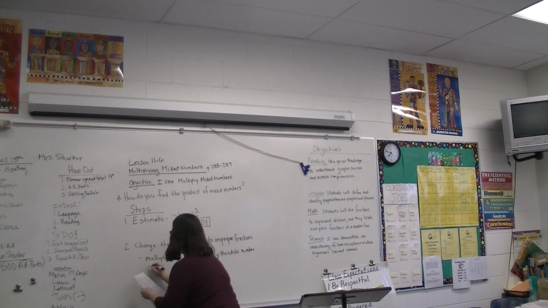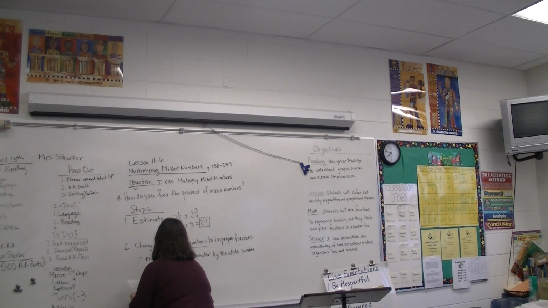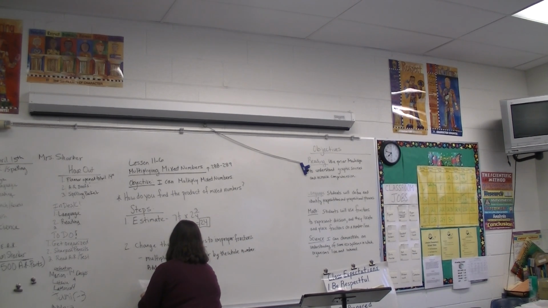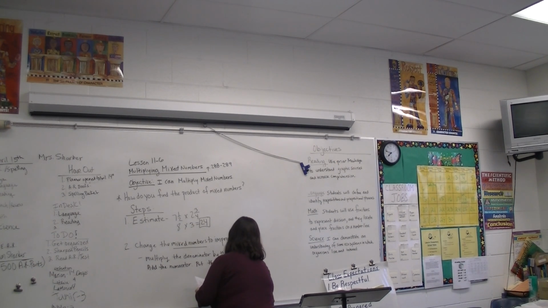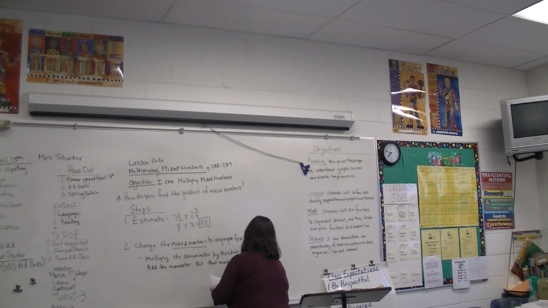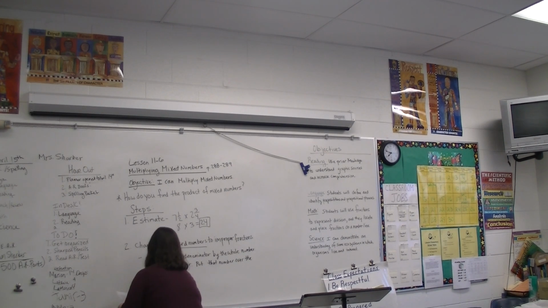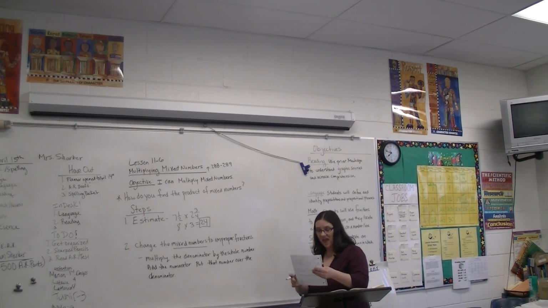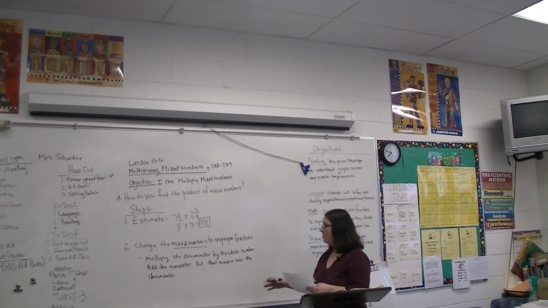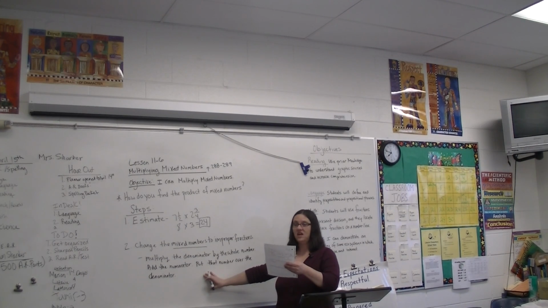You're going to then add your numerator. And then you're going to put that number over the denominator. Now hopefully this is review, but for those that haven't been reviewing well or didn't remember, those are the steps that you need to follow.